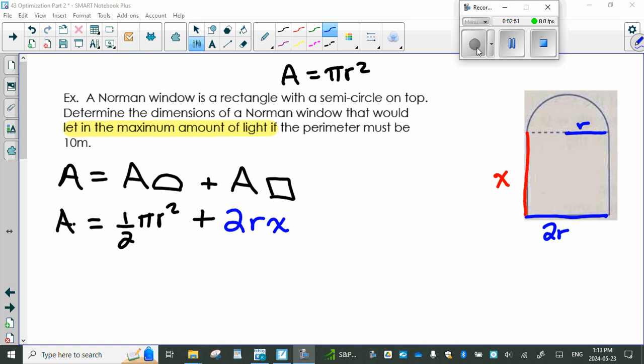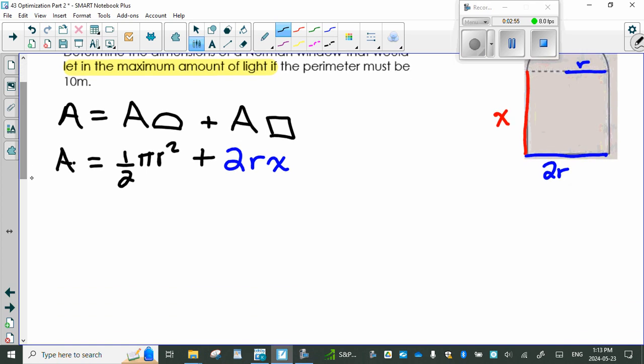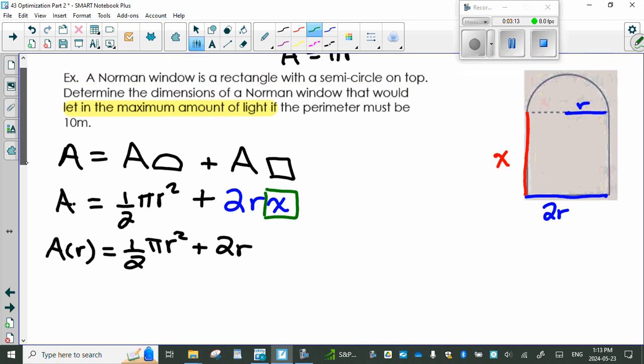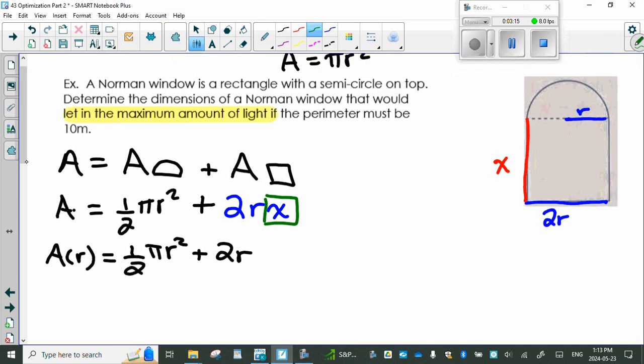Now we have to get this in terms of one variable only. I see that my first term only contains R, so I want to get everything in terms of R. So I'm going to have to figure out how to rewrite X in terms of R. There's a piece of information in the question that we haven't used yet. Does anyone have this? 10 meters.